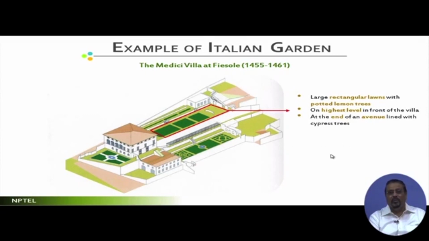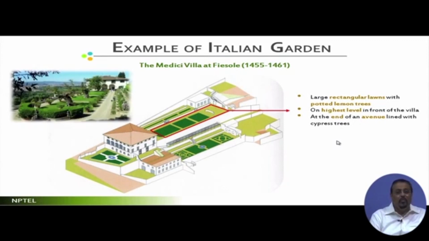Okay, let us see one by one. On the highest level in front of this, the placement is very appropriate. The access is from this particular side, and this avenue is lined with cypress trees, and then we have a view from this particular point to the front.